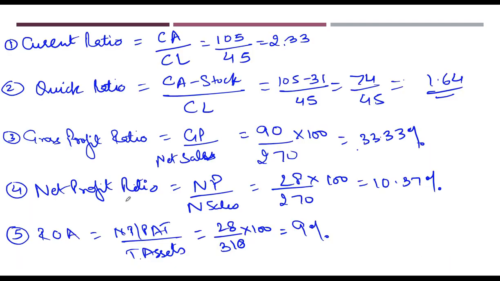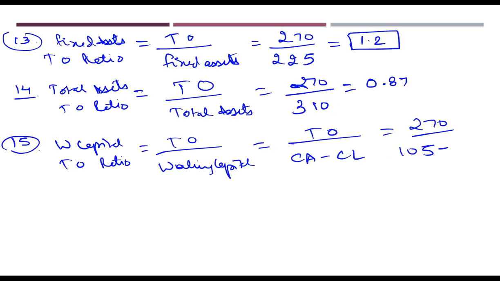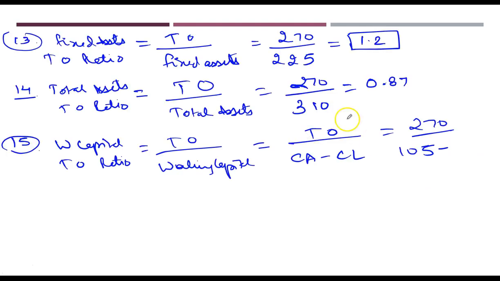So 105 minus 45, which gives 60, so 270 by 60, right? So 4.5. So the working capital turnover ratio is 4.5.